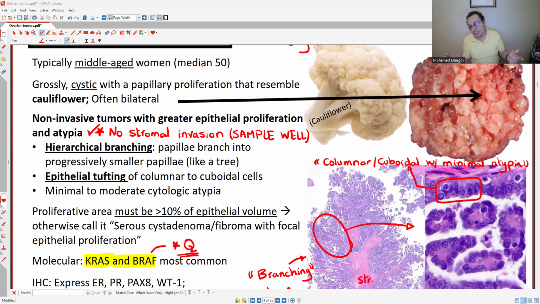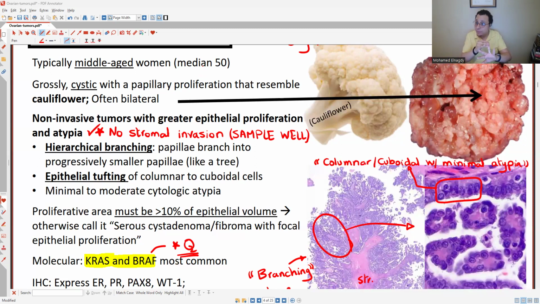Well, how much is enough? I guess one per each centimeter. Yes, one section per each centimeter. Good job. So if the cyst is, let's say, 10 centimeters, you need to submit at least 10 representatives. And in those 10 representatives, you should include the cyst lining, the cyst wall, and the ink.